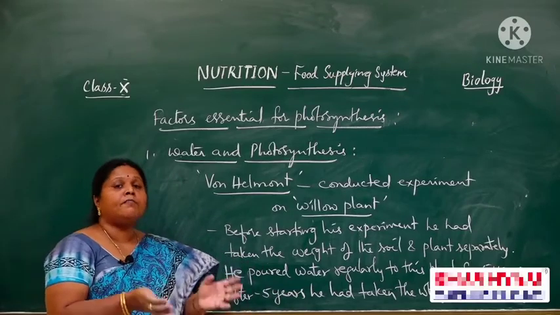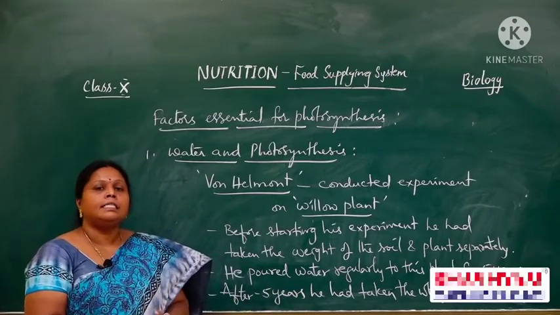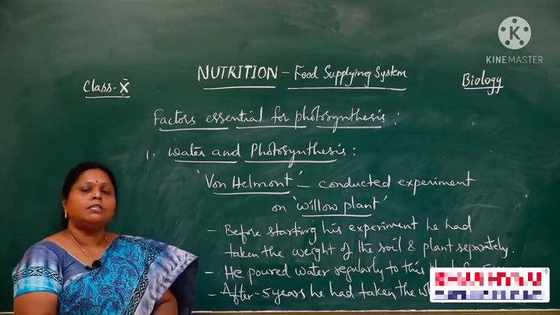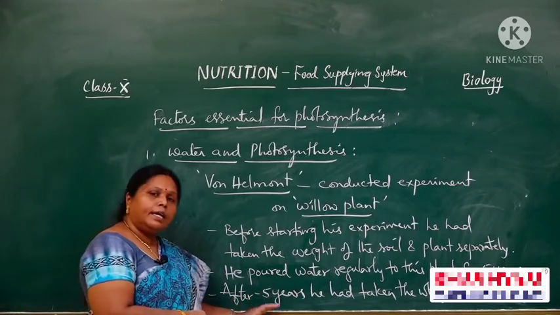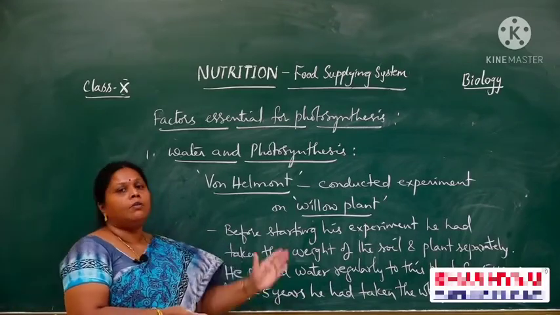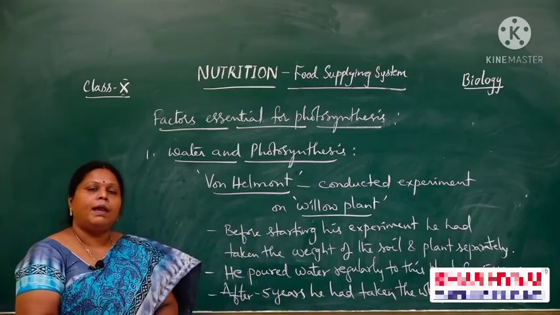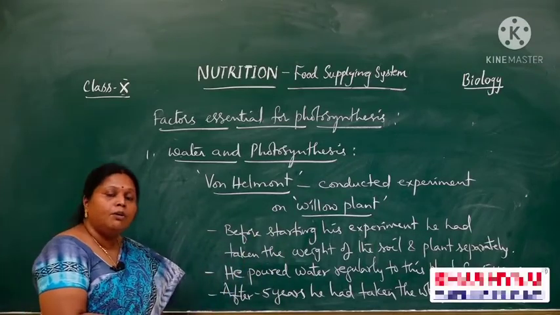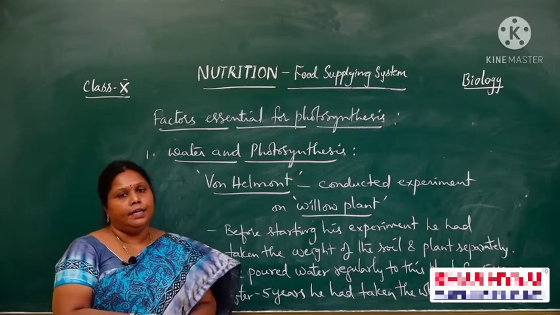So after 5 years, he separated the soil from the pot, took the weight of the soil, and also the weight of the plant. This he noted as final readings.